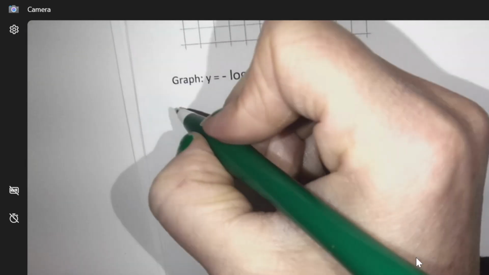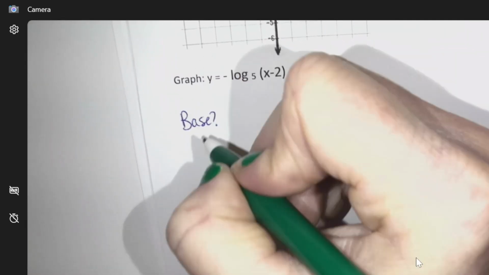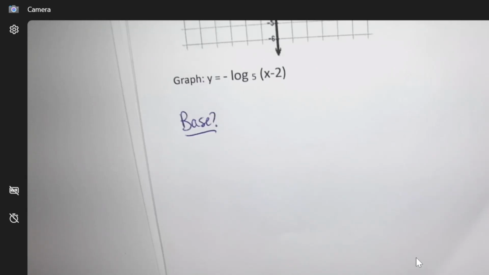Okay, here we go. Question 1. I always say, hey, what's the base of this? Which part is the base? 5.